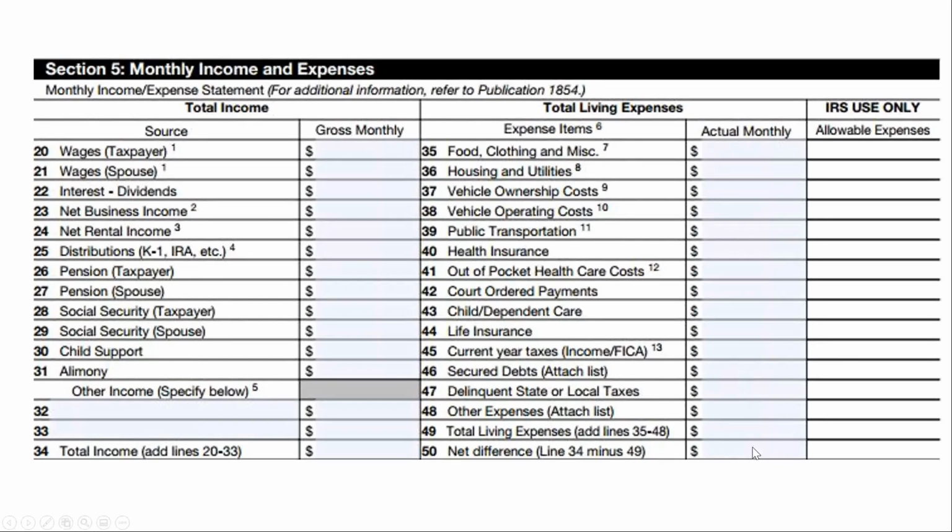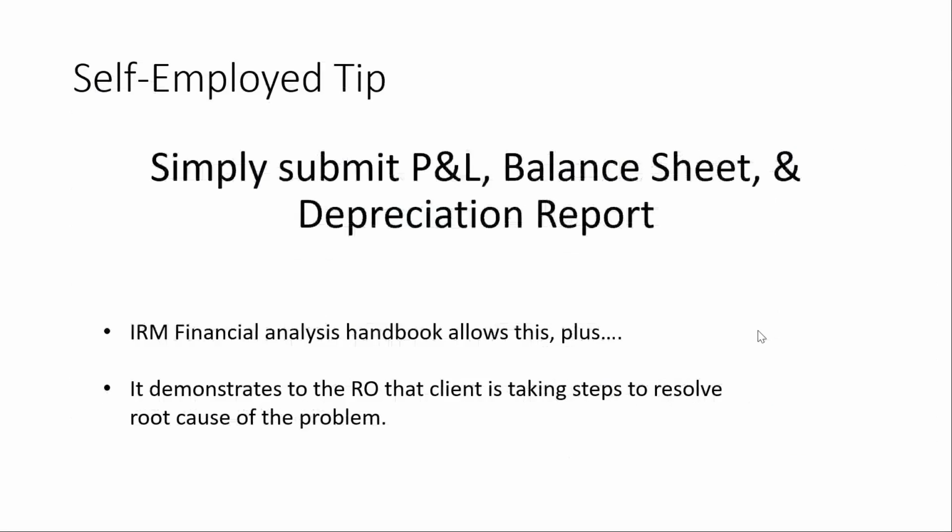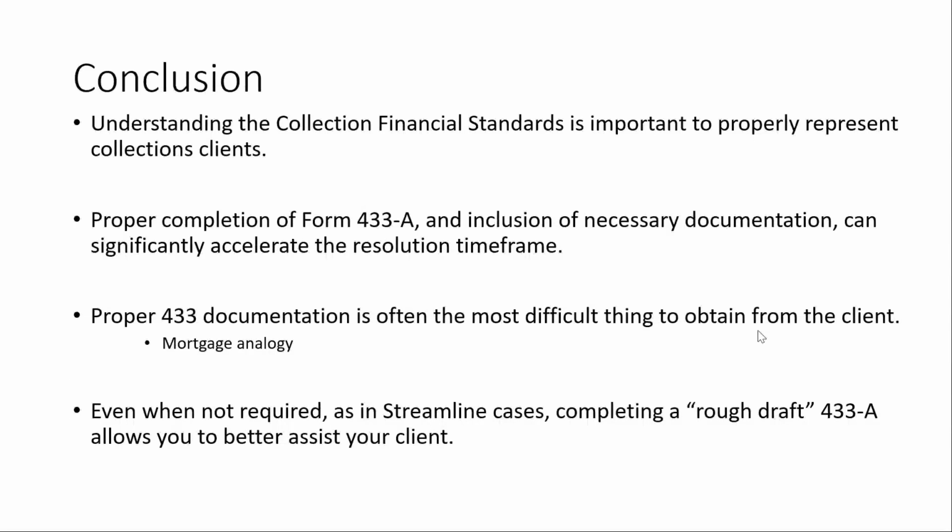If this number is 0 or negative, and the taxpayer also has no assets, then they might be an offer candidate, okay? But this income and expense table tells you the resolution option that your client is most likely a candidate for, okay? That's why it is so important. Again, if you get nothing else out of this class, that's a huge takeaway.